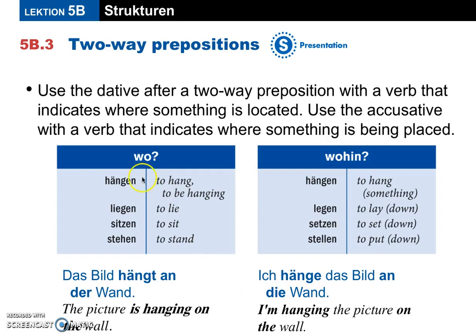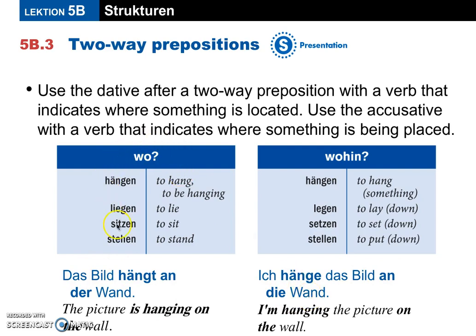Some verbs that can express either movement or location are printed here. You will get this from the context. Hängen, liegen, sitzen, stehen. Hängen, legen, setzen and stellen. Setzen, to set down. Stellen, to put. Stehen, somebody is standing. Das Bild hängt an der Wand und ich hänge das Bild an die Wand.